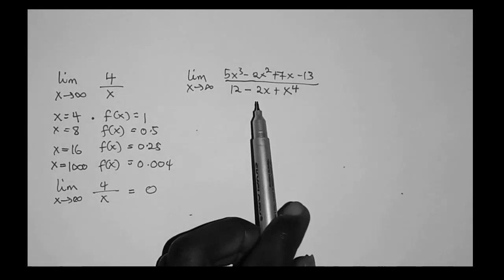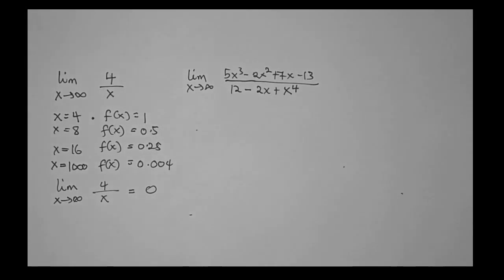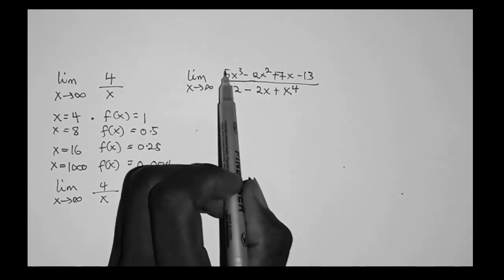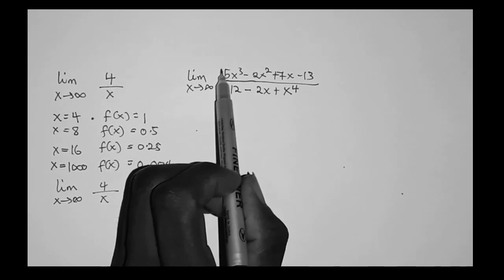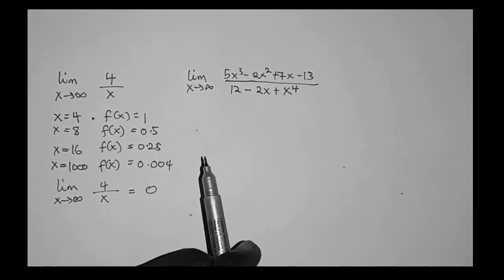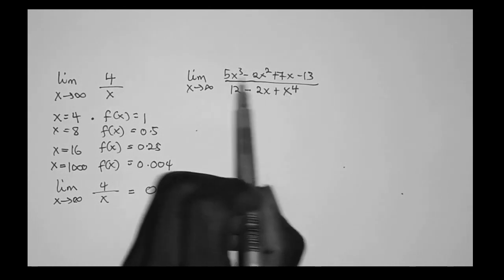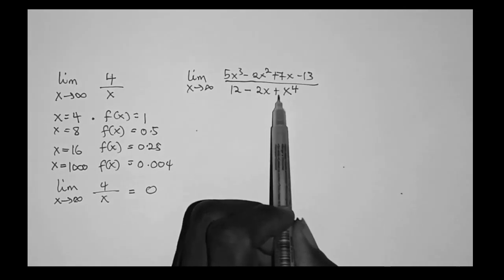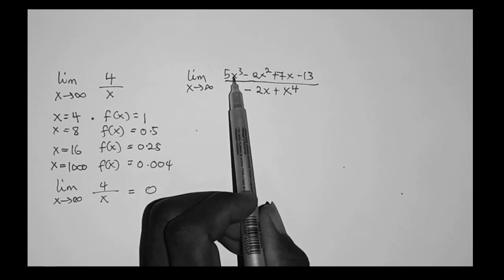In finding the limit of rational functions, the most important term in each side, whether the numerator or the denominator, is the term with the highest degree of x. So you see that in this case, the highest degree in this polynomial is x exponent 3, and in this case, the highest degree is x exponent 4. So we need to just ignore the rest.